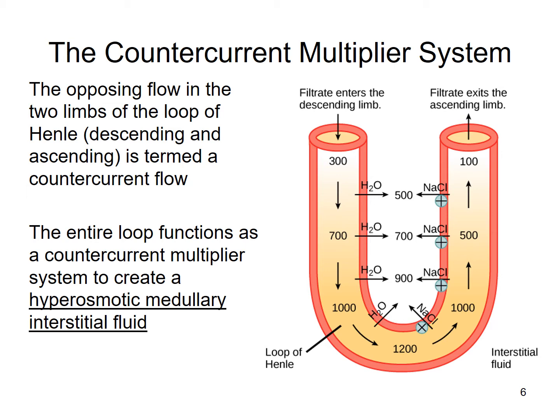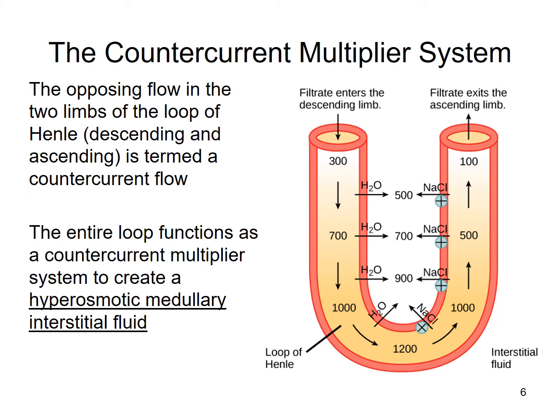Now the entire loop is a countercurrent multiplier system, and what this is going to do is to create a hyperosmotic medullary interstitial fluid. So we're not really talking about the fluid within the descending and the ascending limb. We're talking about the fluid that actually surrounds them. And so there are two keys to this.